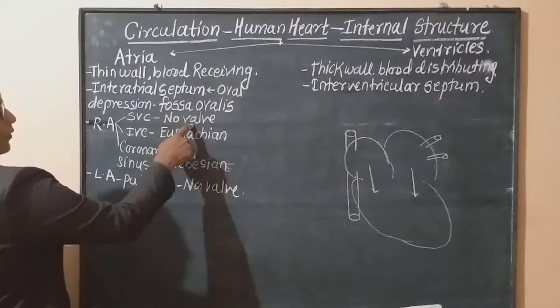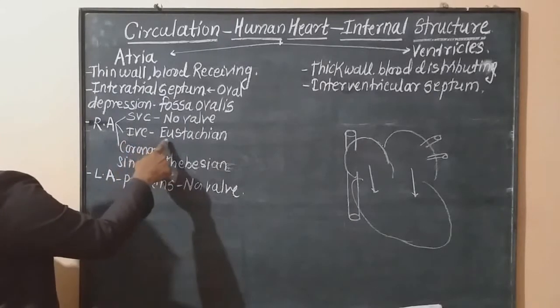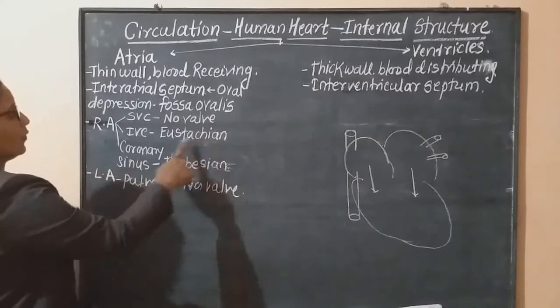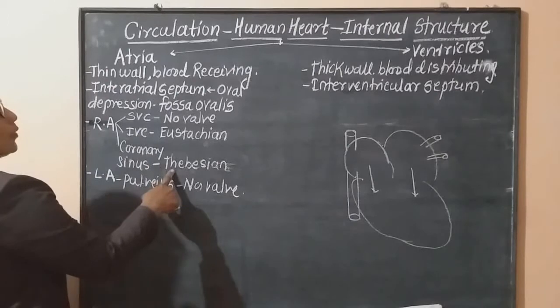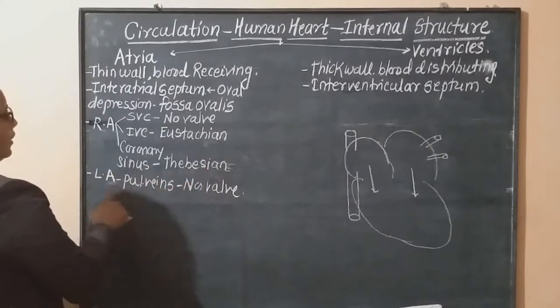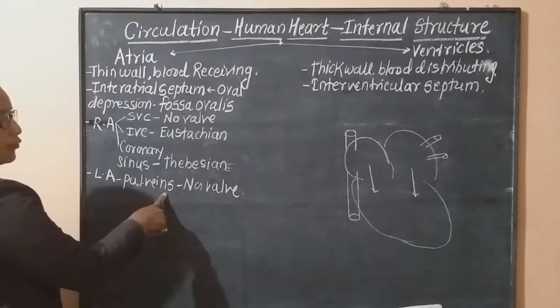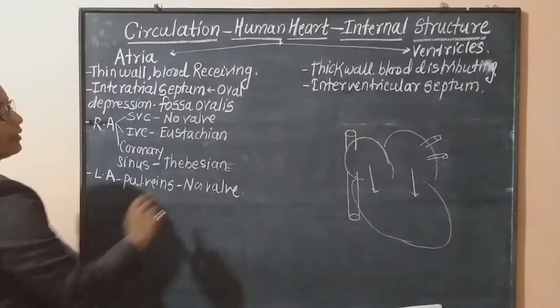It is not provided with a valve; there is no valve. But the inferior vena cava is provided with the Eustachian valve, and the coronary sinus is provided with the Thebesian valve. In the left atrium, four pulmonary veins open, but these are not provided with valves.